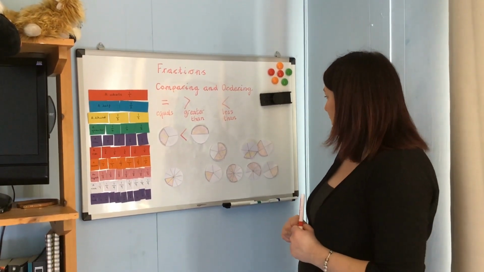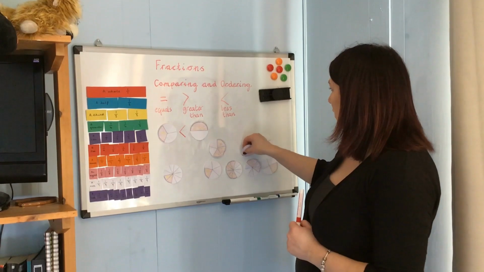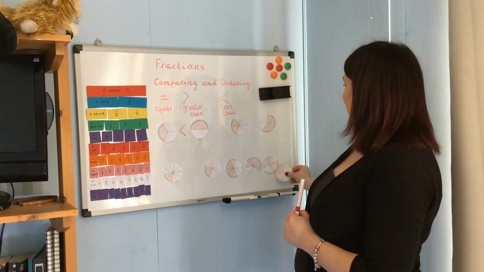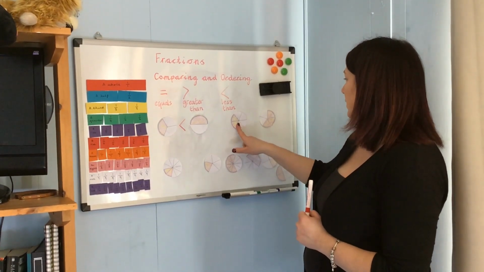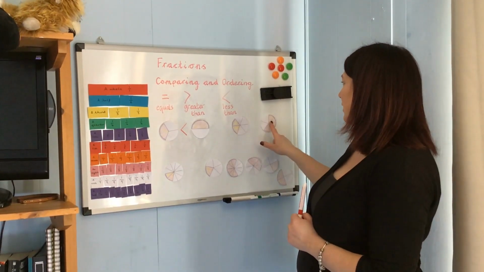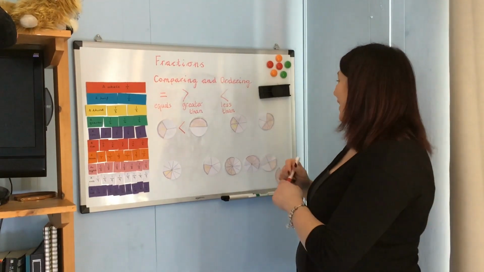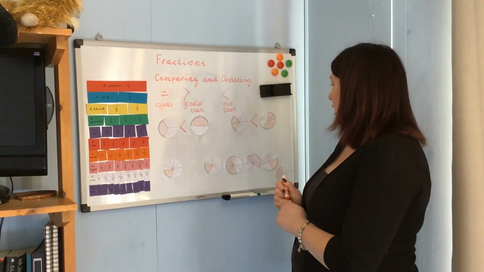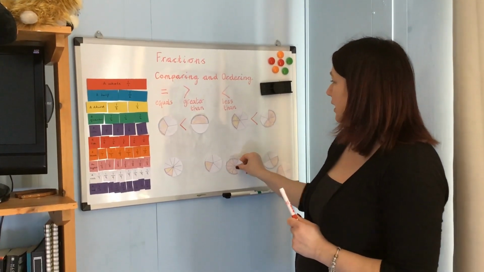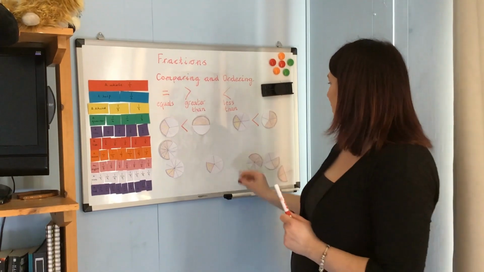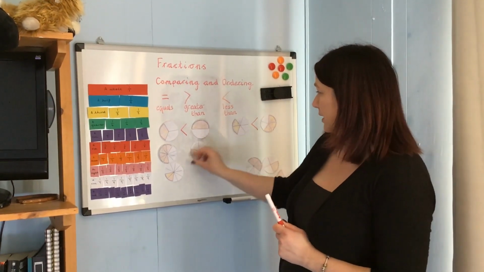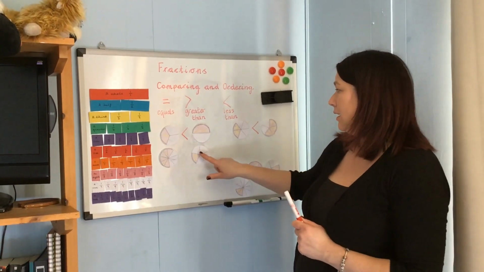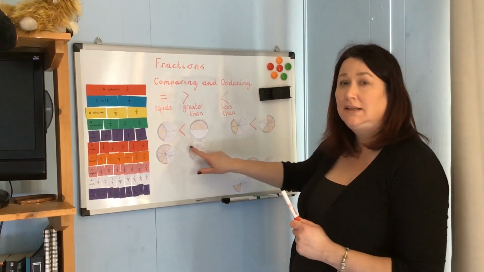I could try another one. I could try this pizza pair, and if I look, this pizza has less pizza than this one again. So I could put in that same symbol. However, if I chose this pizza and this pizza, I can see that this one has far more slices than this one.